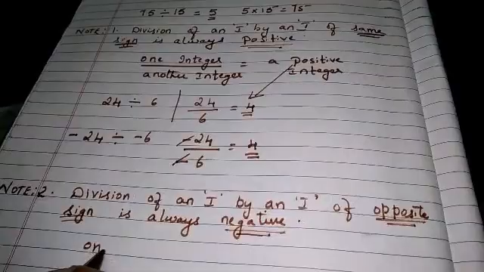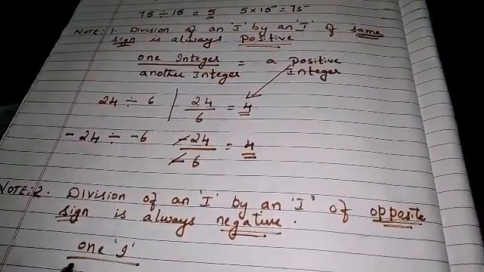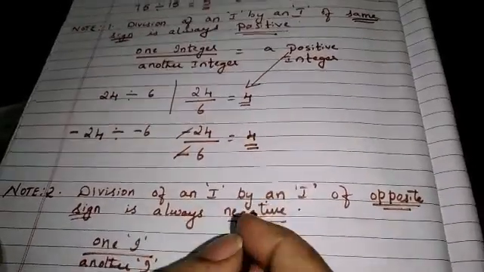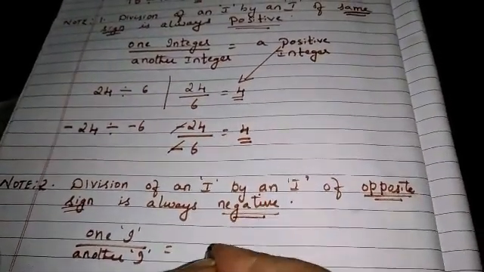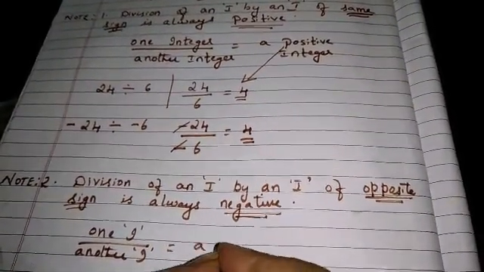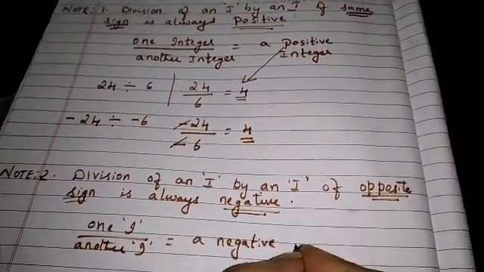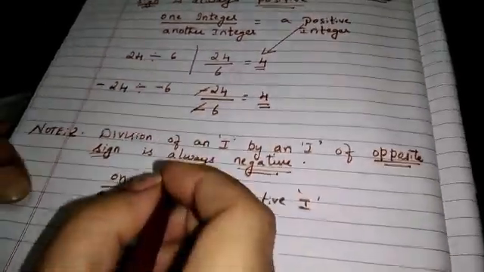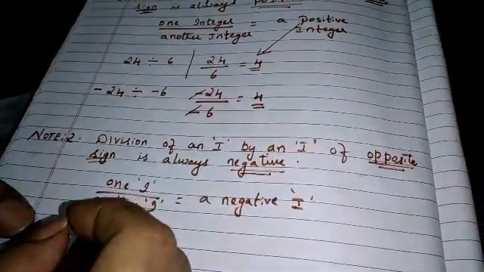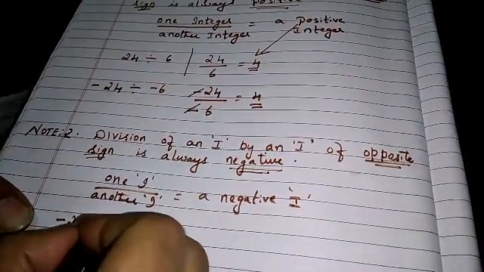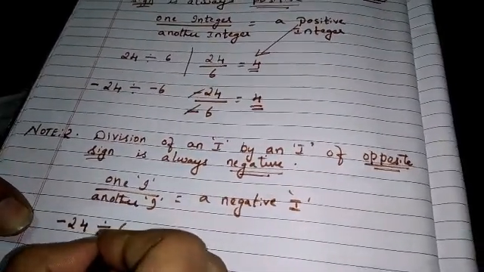So one integer divided by another integer gives me a negative integer. Let me show you by using some numbers. Let's now take minus 24 divided by 6.